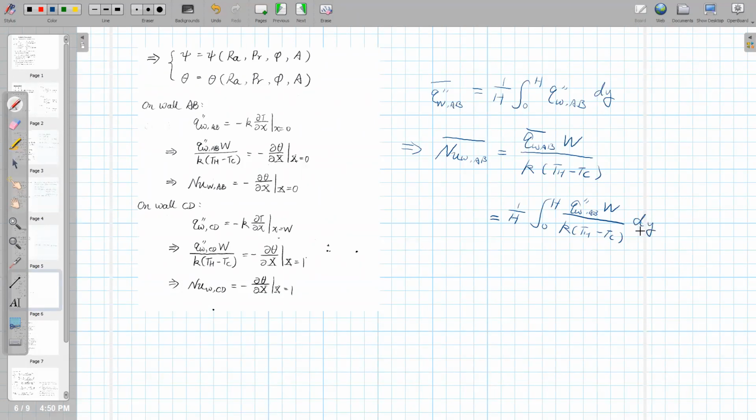Okay, you change this dy from small y to big Y, you can make it 1 over A, integral from 0 to A, of minus d theta d big X. Okay.